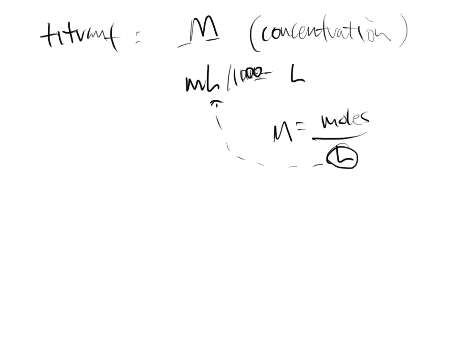That's a quick fix for that one. And then I'll take my molarity and multiply it by the liters, and that will give me the number of moles of titrant that the titration took in order to give me that color change.